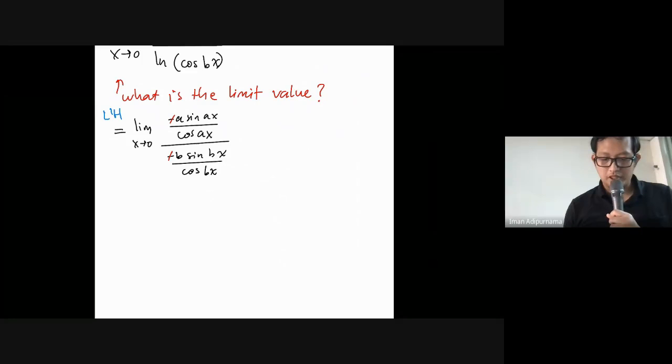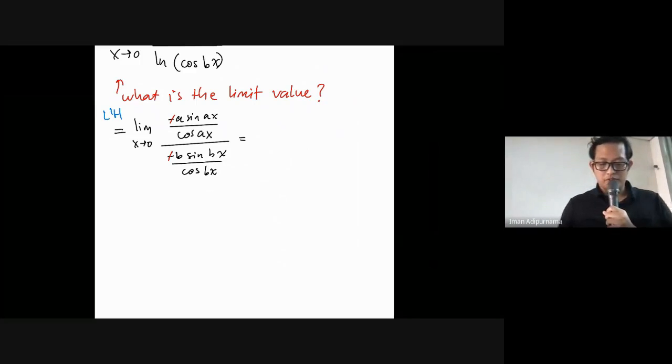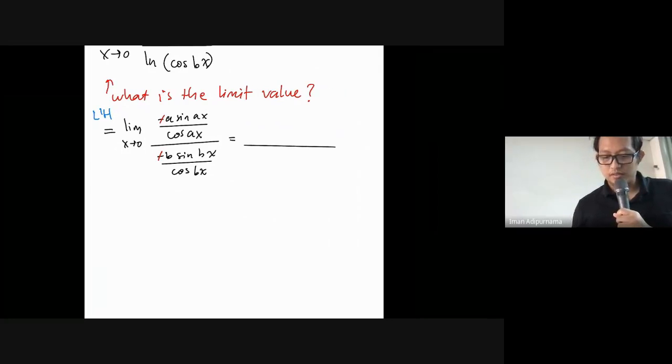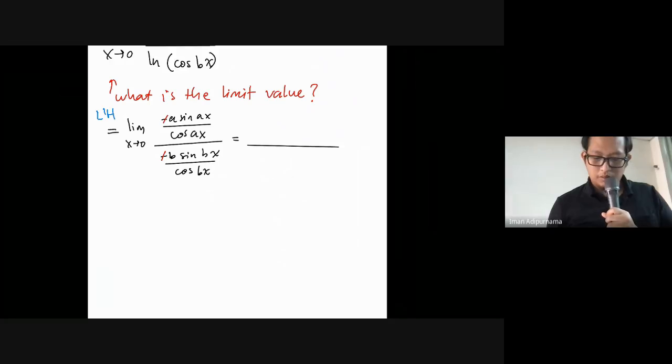The best way to look at this is, you may use another L'Hopital if you see another 0 over 0. But my idea is you can also use the identity.